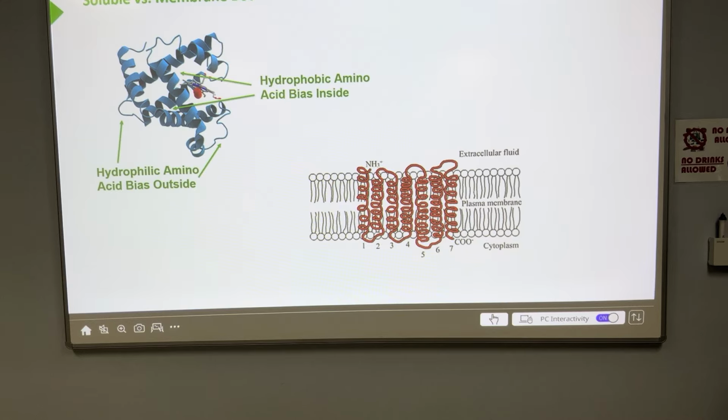So some proteins, their job requires them to be amphipathic. Amphipathic meaning two in one. So one side of that protein is acidic, another side is basic, one side is hydrophobic, another side is hydrophilic, whatever it needs for its job.